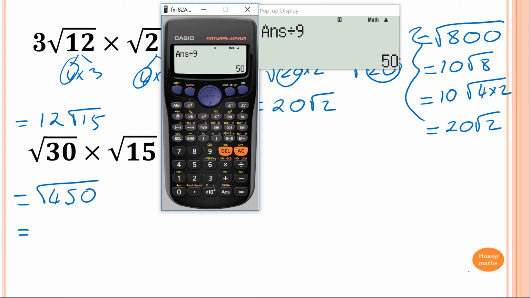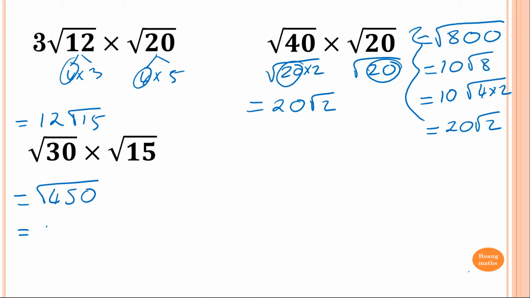What do I have? I have 50. So it's 9 times 25, correct? Because 25 is another square number. So 9 times 25, see, 225, correct? So 450 is 225 times 2.